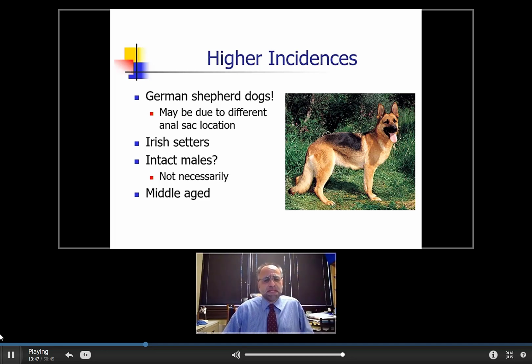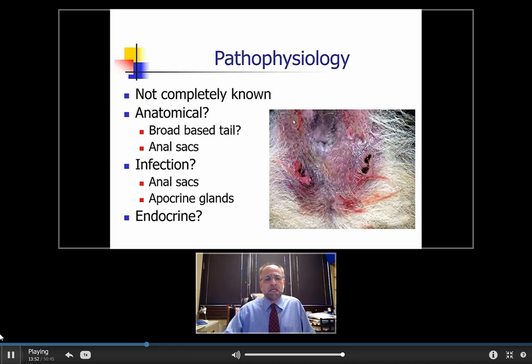There is a belief that intact males may have a higher incidence, and we typically see this in middle-aged dogs. Again, as far as the pathophysiology, we don't really know what the cause is. Anatomically, it used to be believed that dogs with very broad-based, thick, large tails may be predisposed to it because the belief was that they did not have good airflow to the area around the perineum, and that made them susceptible to infections.